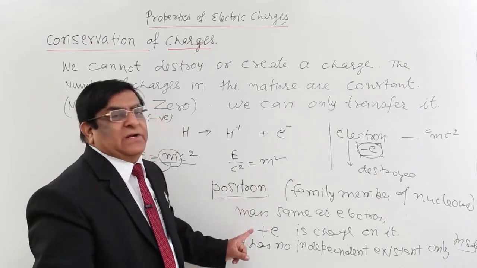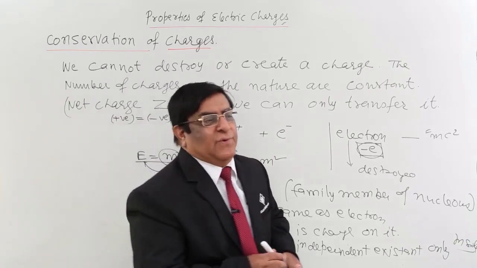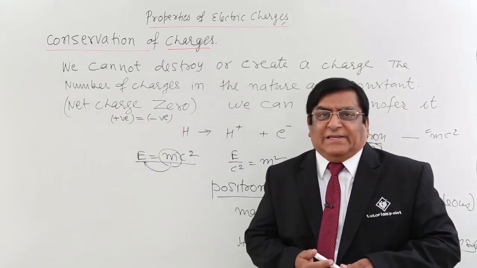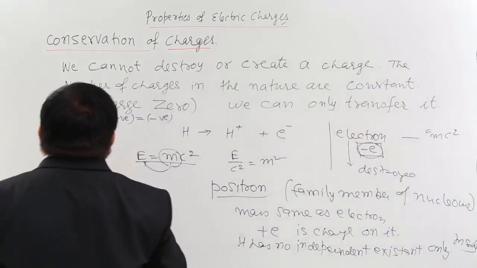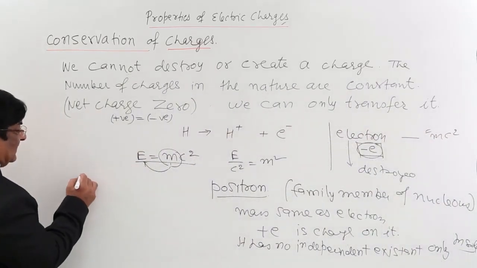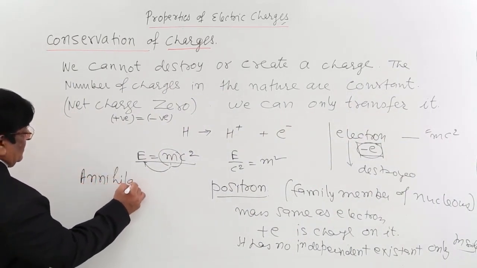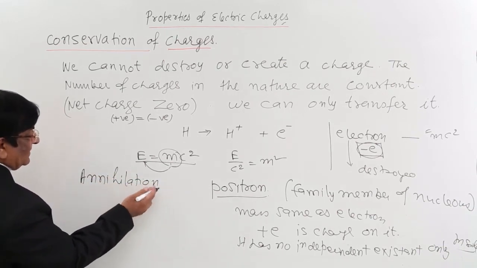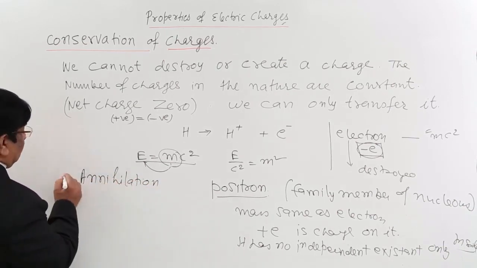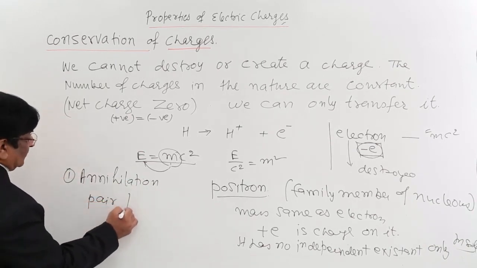Now, what was the work of this positron? The work of this positron comes into action when we see two very famous reactions, that is annihilation, and opposite to annihilation is pair production.